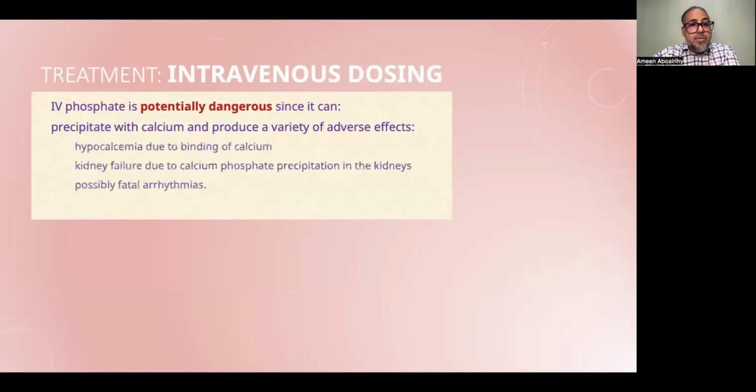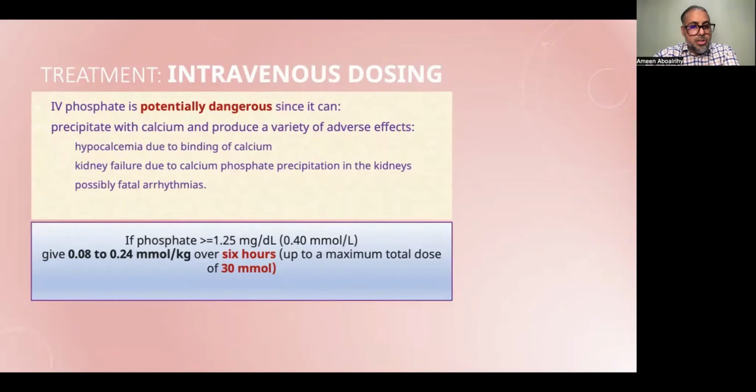The intravenous is potentially dangerous because it might precipitate with calcium and it might cause arrhythmia. So you avoid it whenever you can, especially if, as we said, phosphate is above 0.4 or so and there are not many symptoms. You don't need to rush.